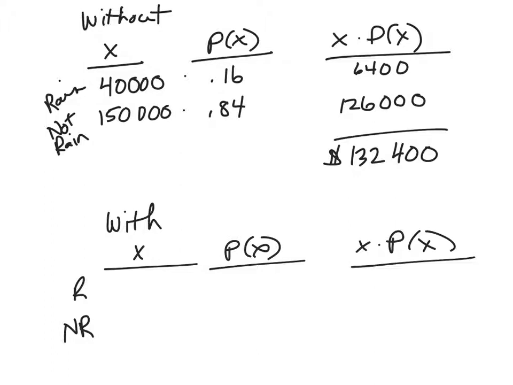If it rains, he's still going to get his 40,000 that he was going to get anyway. Plus, he's going to get the $150,000 insurance payoff. But he's going to lose the $20,000 that it cost him to buy the insurance. So if you take 40 plus 150 minus 20, you're going to get 170,000. That's what that ends up being.